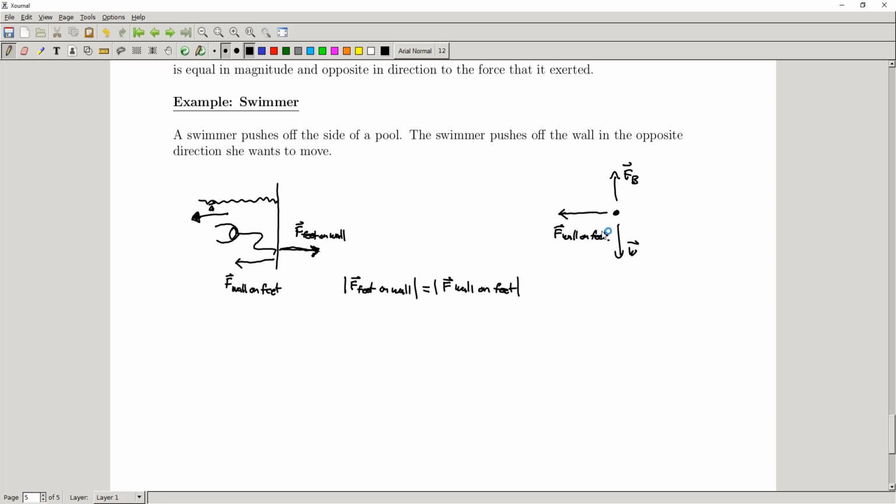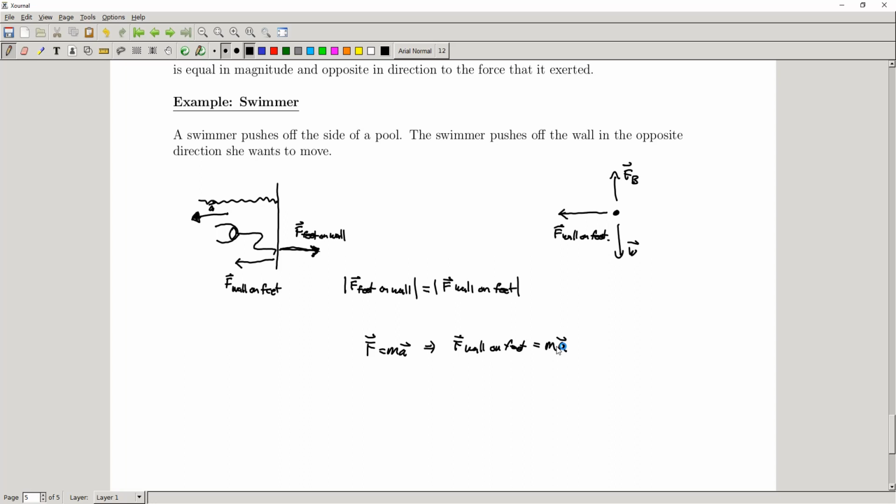And so if we looked at this, F equals ma would tell us that, well, there is some F. We have force of wall on feet, and this is going to be equal to mass times acceleration, and this kind of feels weird in this situation because there's going to be some drag from the water, which we're not considering here in this chapter. We will in later chapters, but for now we're not thinking about it.